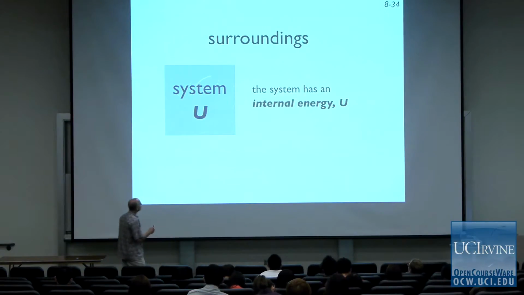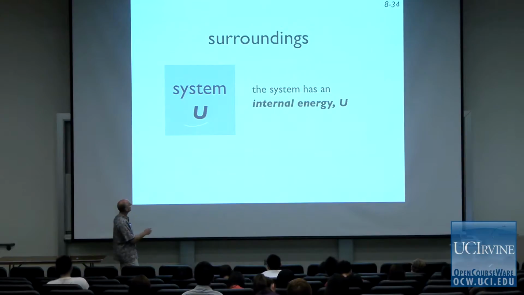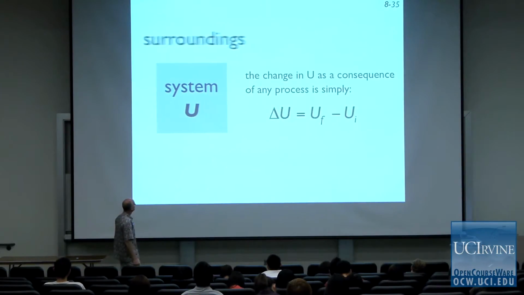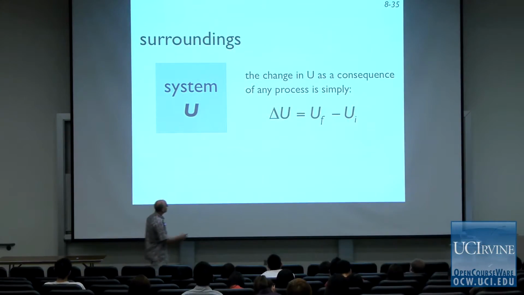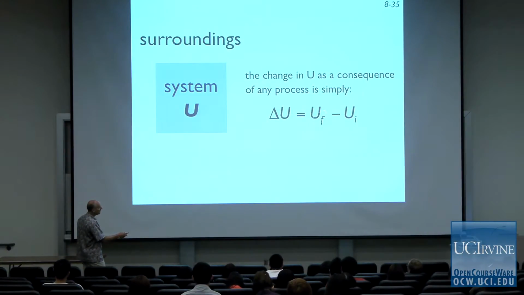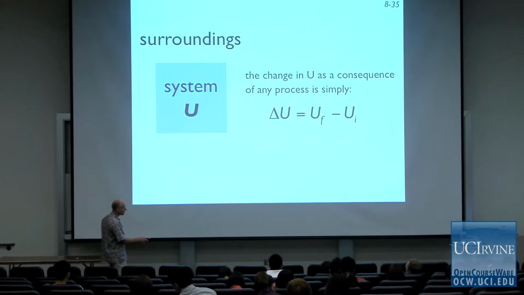And the system has an internal energy, which we're just going to call U. We've encountered U already, but now we're going to assign U to the internal energy of this system. The change in U as a consequence of any process, work, heat, is given by the final internal energy of the system subtracted by the initial internal energy of the system.